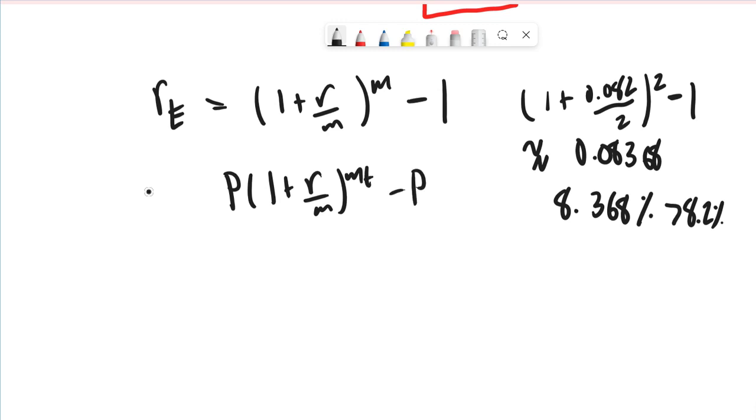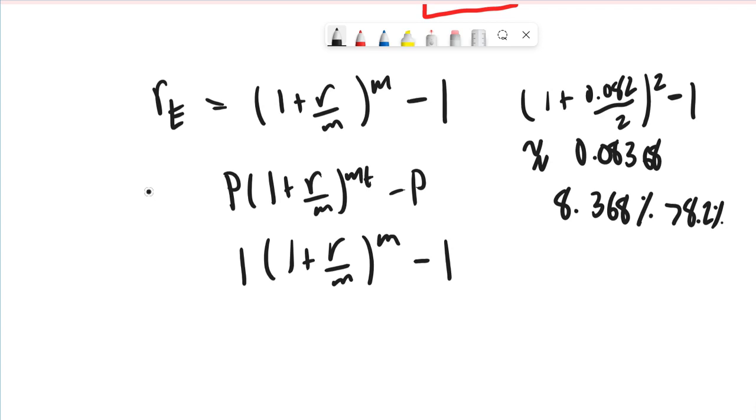But if it was $1, then it's 1 times 1 plus r over m. But what if it's for 1 year? Then it's to the m, minus 1. So it's the exact same formula when we think about it. So the amount that was invested is not really even considered at all in either case.